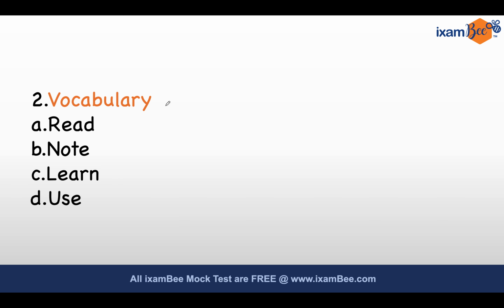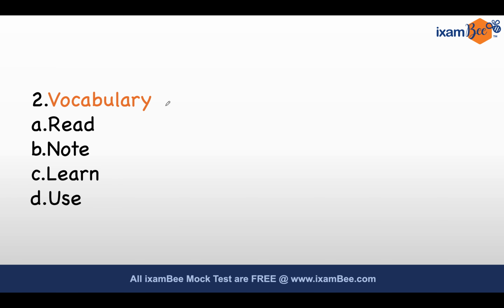Now, how should you approach vocabulary? The first thing is to read, read, read, and read. Whatever you can lay your hands on, you have to read. The more you read, the better it is. But after reading, try to note down certain important words. Then the next step should be learning not only that word. For example, let's take a look at the word abject, right?